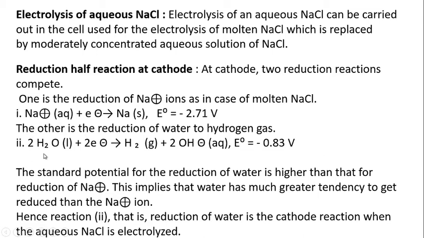Out of these two reactions, which one will take place first? According to the standard reduction potentials, the standard reduction potential of water is higher than the reduction potential of sodium, and so hydrogen gas is formed at the cathode rather than sodium metal, because water has much more tendency to form hydrogen gas.